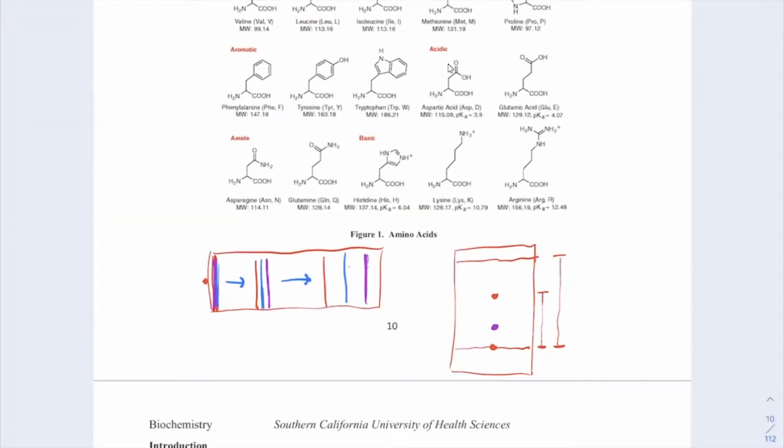So we have these mixtures, let's say of amino acids in this case, and we plate them or put them on a stationary phase. In this case, we're going to be using paper, basically just spotting them on a piece of paper.